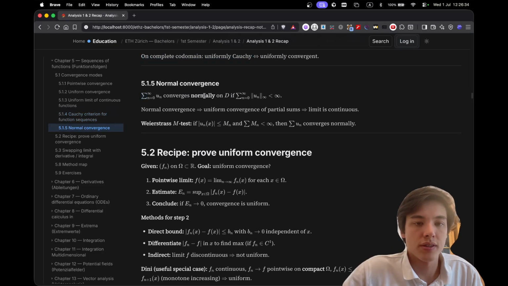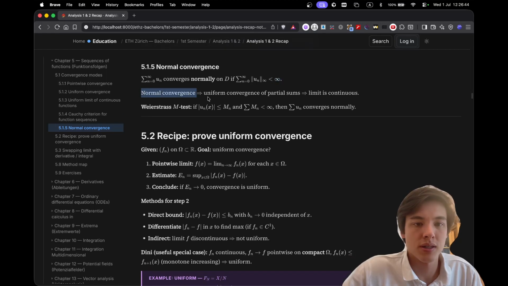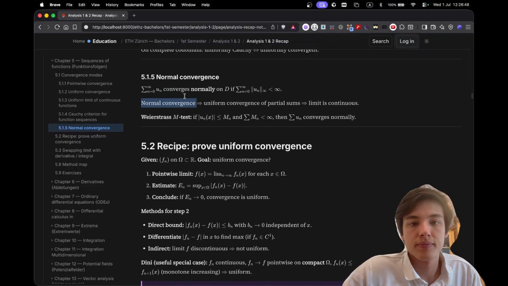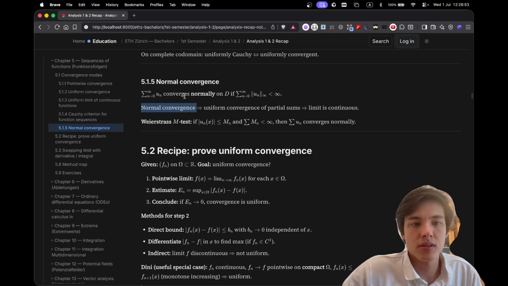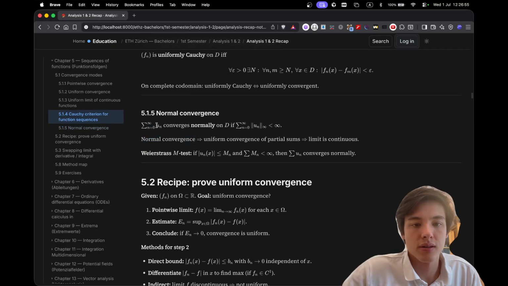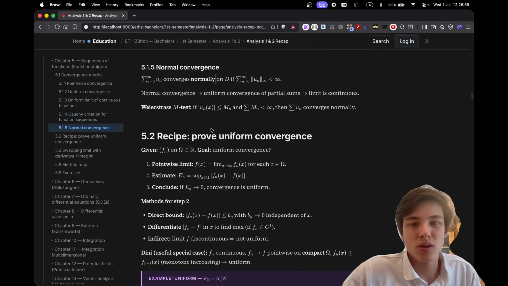Normal convergence: fn converges normally if the sum of the sup distances is smaller than infinity. This is the strongest one.